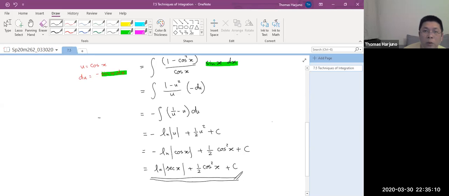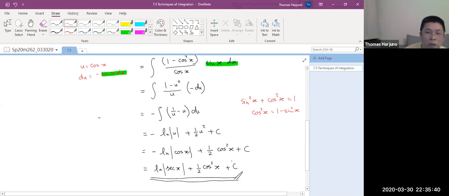Now, be aware that it is possible because, let me write it down here, sine squared x plus cosine squared x equals 1. So you can always replace cosine squared x by 1 minus sine squared x. So the cosine squared x here may later become sine squared x, and whatever constant is left over actually gets together with the C.